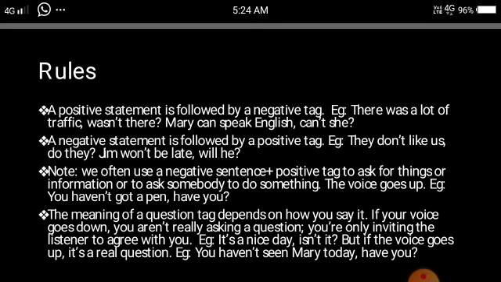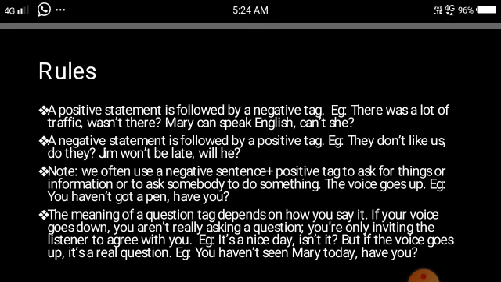For example, they don't like us. Don't. When you add no, never, hardly, then the sentence becomes negative. You say that the sentence is negative when you use not in a sentence, no in a sentence, then the sentence becomes negative.